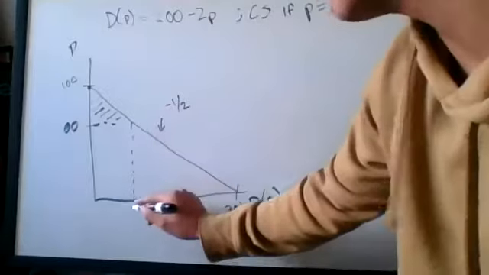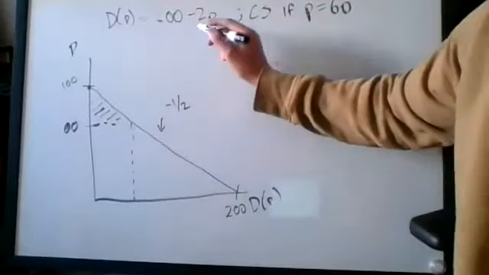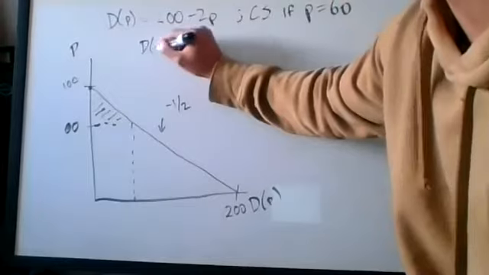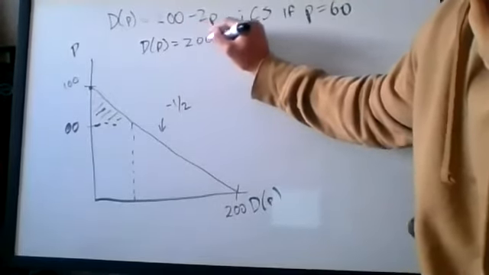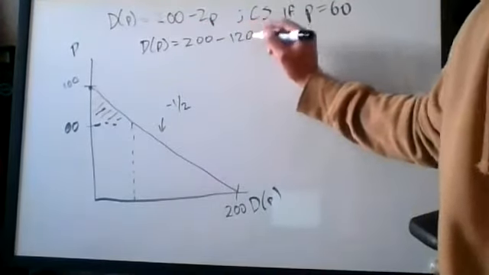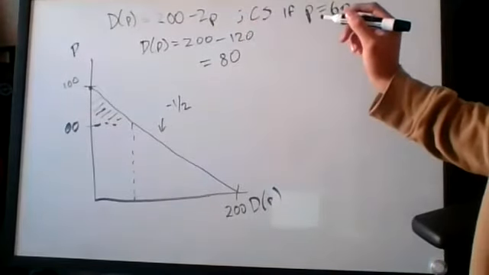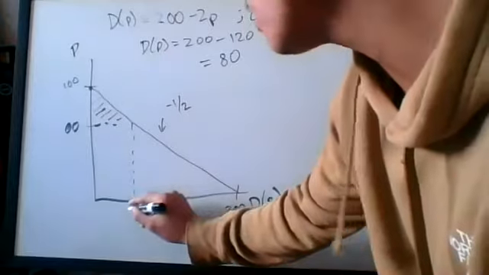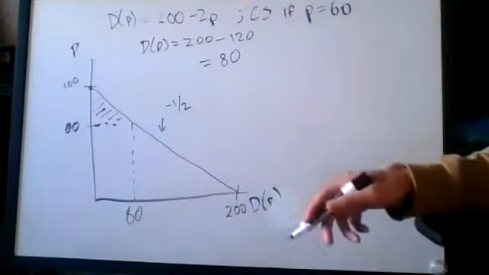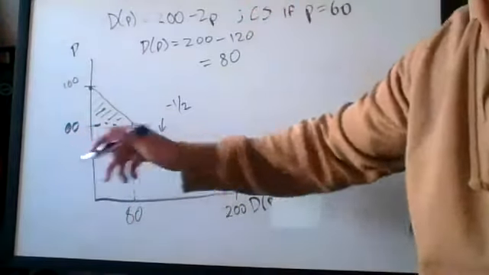So we want to see what D of P is when P is 60, right? So D of P is equal to 200 minus 120, and so this is equal to 80, right? So this person is consuming 80 units when the price is 60, okay?